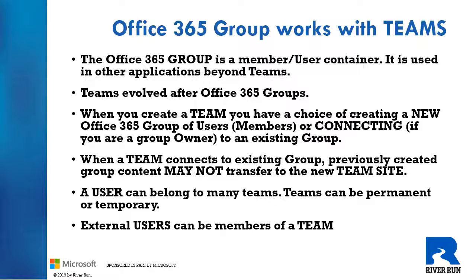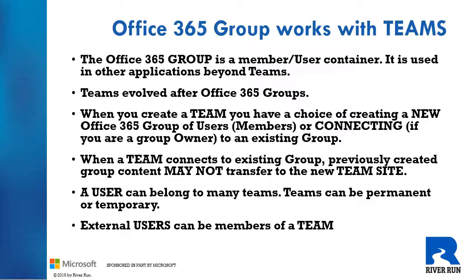Now, a user can belong to many teams. Teams can be permanent or very temporary. Teams can also be private or public. A private team is one that's by invitation only. A public team you can join from the outside. A user can say, I want to be part of that team, and put their name in and become part of that team.